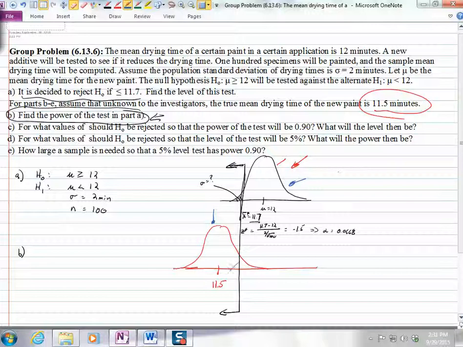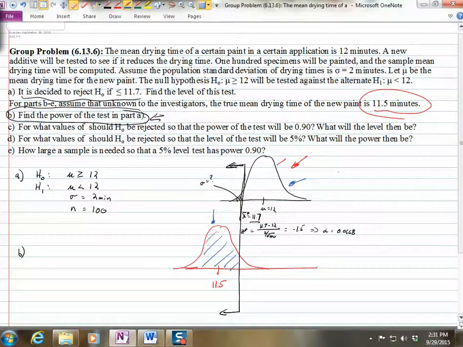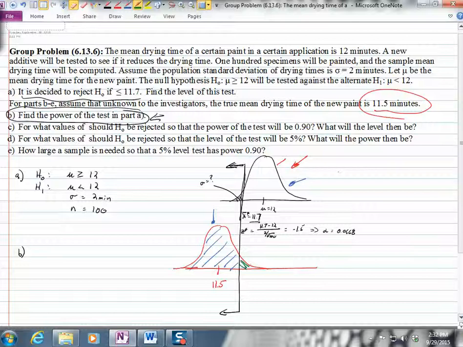So we've got two areas. One corresponds to power, one corresponds to beta error. So which one's power, which one's beta error? I've got blue and green. What's blue? Is that power or is that beta error? Power, right?